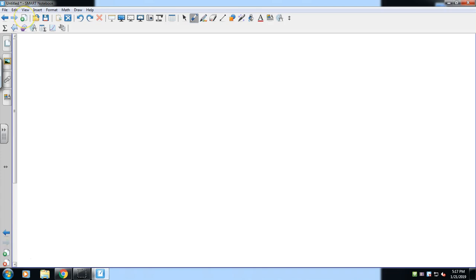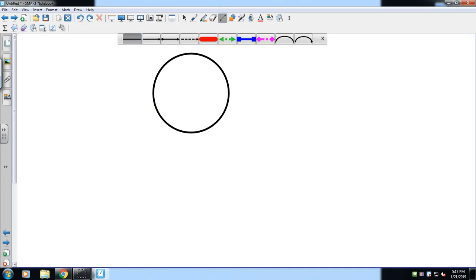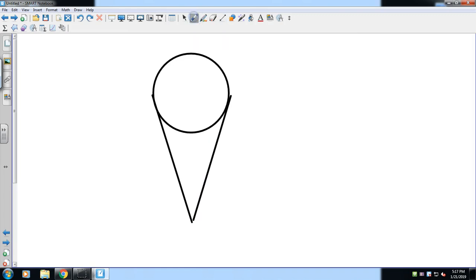Now, we also have what I like to call the ice cream cone effect. If I had a circle like this, and then I had two tangents, I'm not a very good ice cream cone maker, but you can see what I'm doing here.